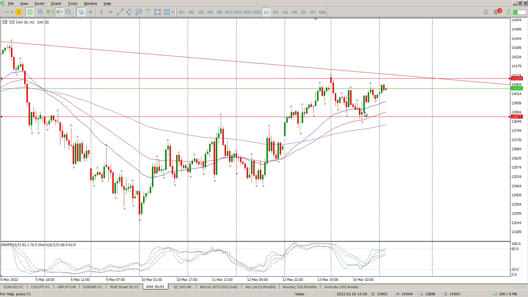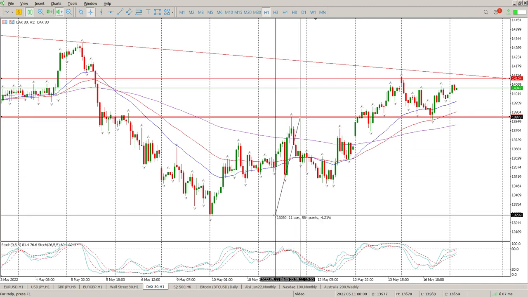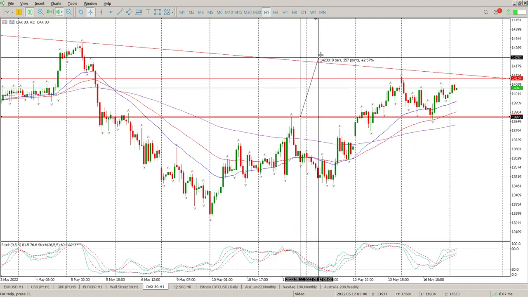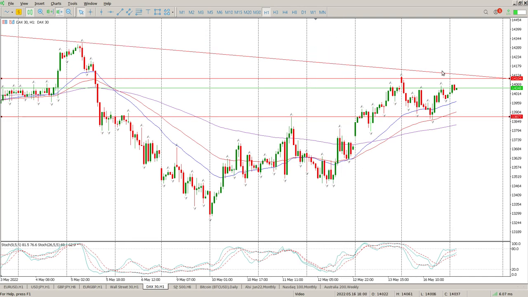So it could very well be the start of a move to the upside, and that also validates this big inverse cup and handle. So there's your cup and there's your handle. So it is a consolidation pattern, and it is roughly 580 points, which would take us to break this trend line.